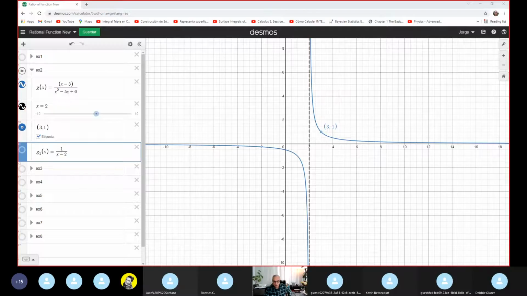And the degree of the polynomial in the bottom is also 2. And when you have the same degree, fantastic. We have the same degree, which implies we have what? Horizontal asymptote. Okay, perfect.